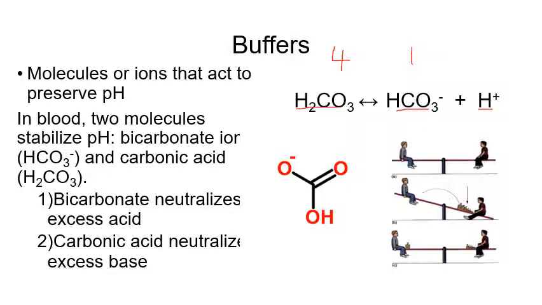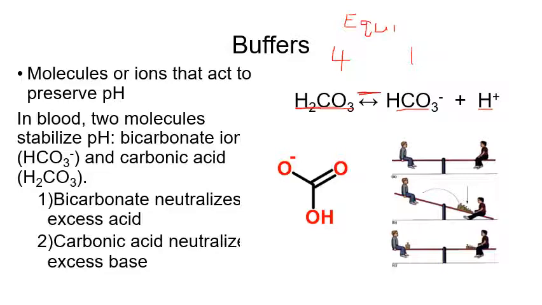So not all of it is dissociating. It would go back and forth until we reach what's called equilibrium. There's an equilibrium for these equations, and that means the reactions go at the same rate back and forth.